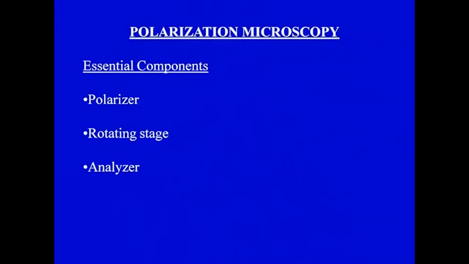Now, let us move on to the essential components of polarization microscopy, or polarized light microscopy as we also call it. The specific components are, like we said, a polarizer and an analyzer. Like I showed you in DIC microscopy, there will be two: polarizer and analyzer.